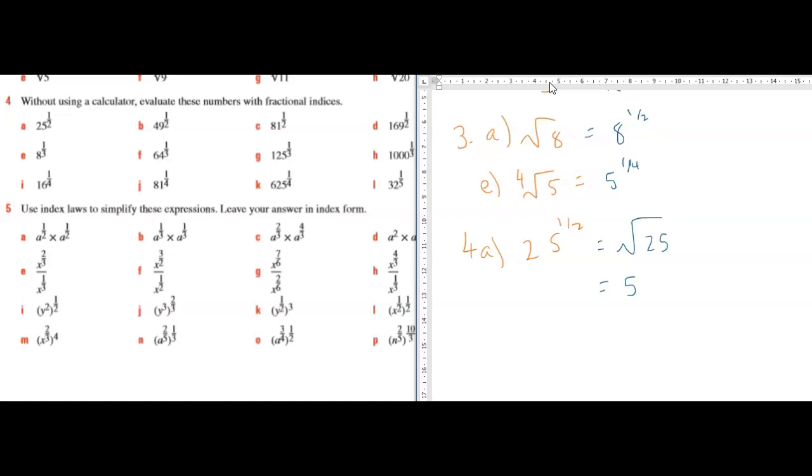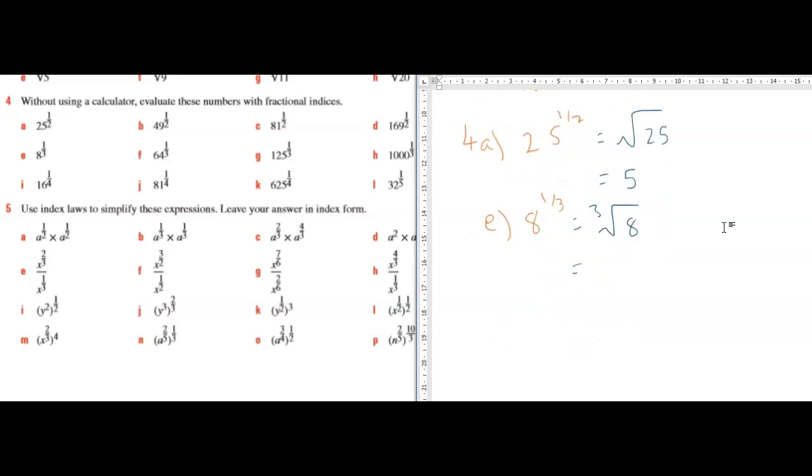All right, let's look at question E, 8 to the power of a third. So that's the cubed root of 8. So basically we're going to say, well, what number multiplied by itself 3 times gives you 8? So if I was to just write that in expanded form, it's 2 times 2 times 2.